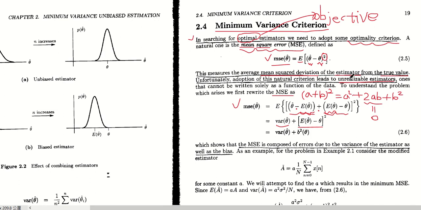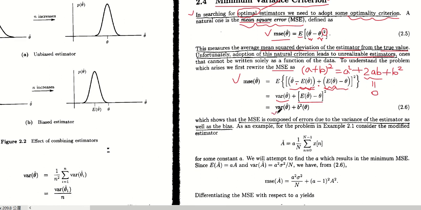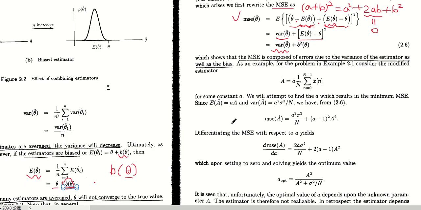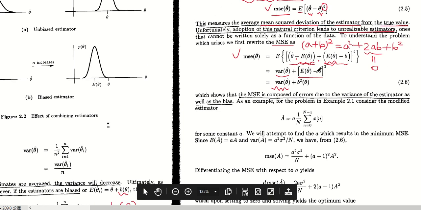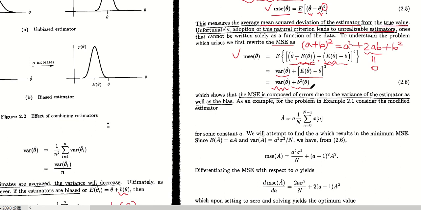So we see that only the squared terms remain. One is the variance sigma squared, the variance of the estimator theta hat, and the other is the expectation of E theta hat minus theta, squared. If we recall, the expectation of this minus that is the bias, so that term is the bias squared.